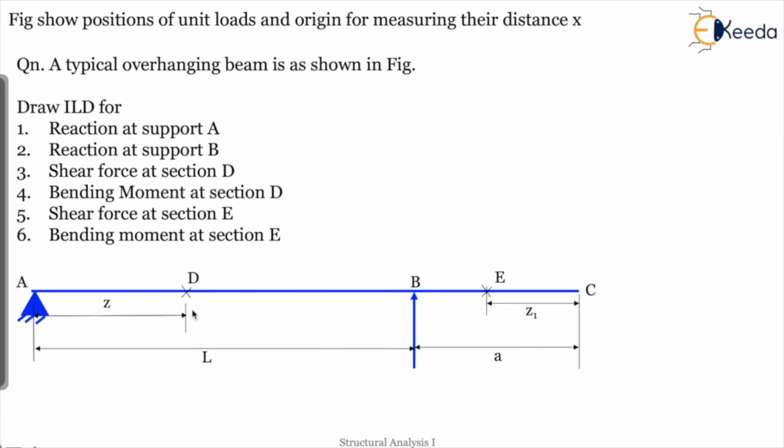So this information we are going to use a little later, in terms of X varying from which to which distance. But you should remember that the distance from A to D is given as Z, this distance is Z1, the span between the supports is length L, and the overhanging portion span is a.